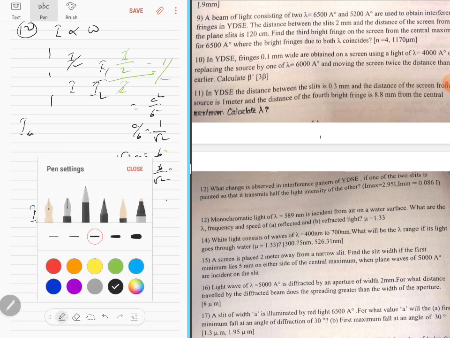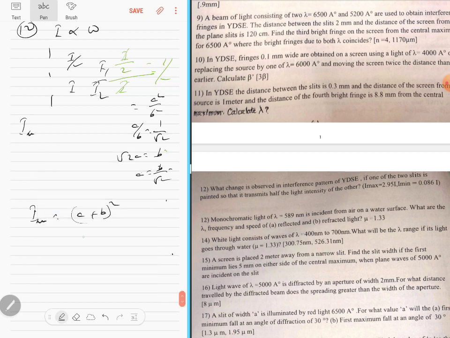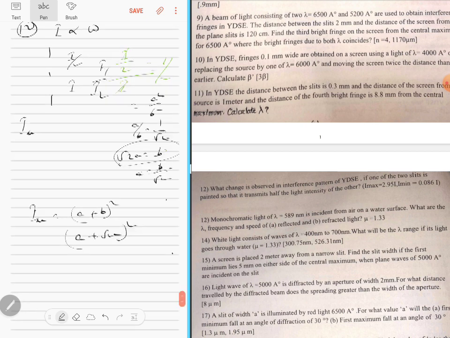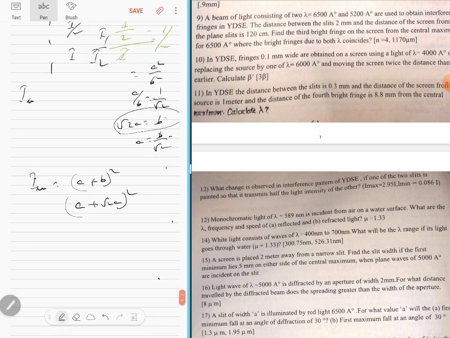Here B itself is root 2A, so we'll keep it like that, root 2A the whole square. That will give you your I maximum, and I minimum is A minus root 2A the whole square.